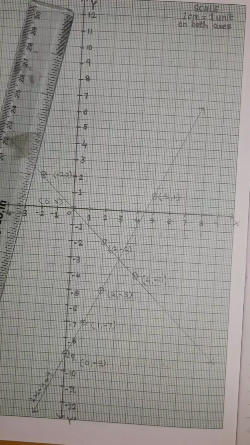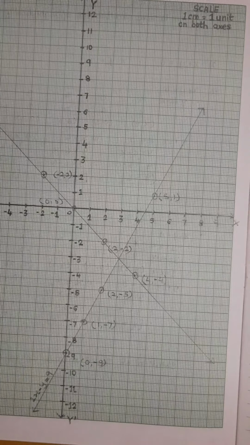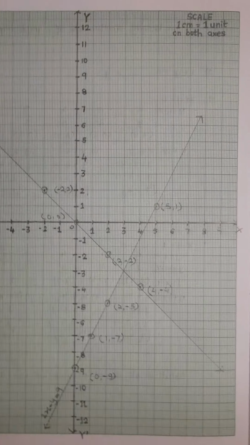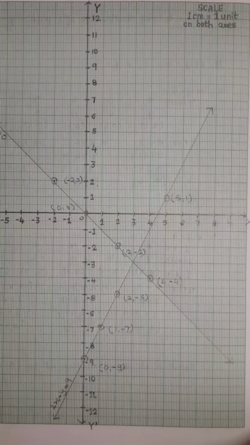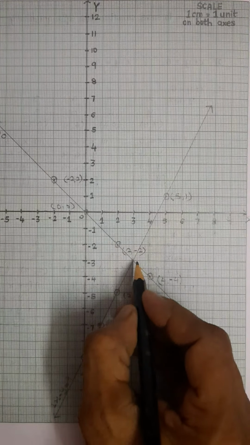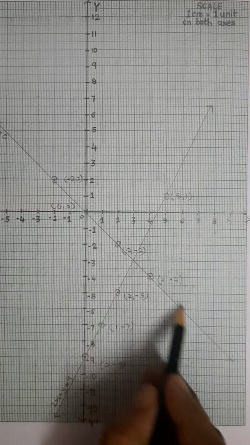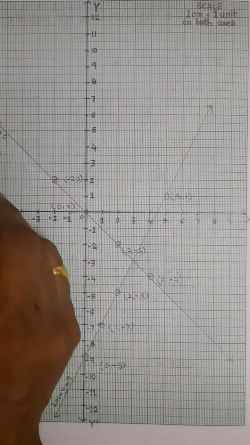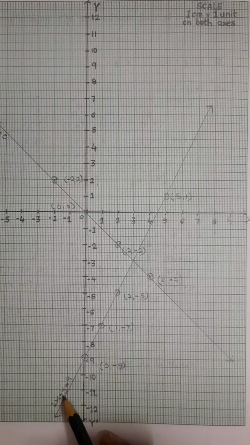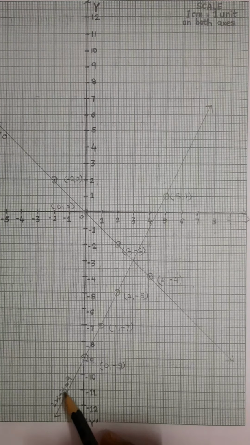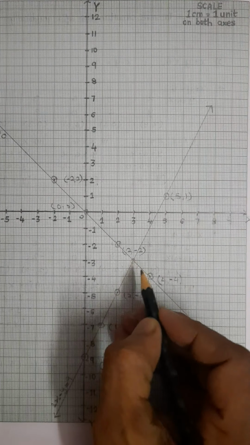Now as we saw in the previous sum, the lines or the graphs of these equations intersect each other in one point. See, this is a line. This is the graph of the equation x plus y is equal to 9, and this is the graph of the equation 2x minus y is equal to 9. They intersect each other in one point.